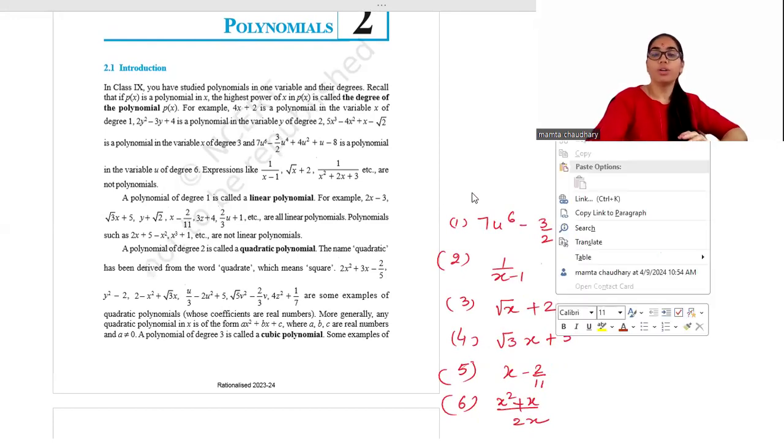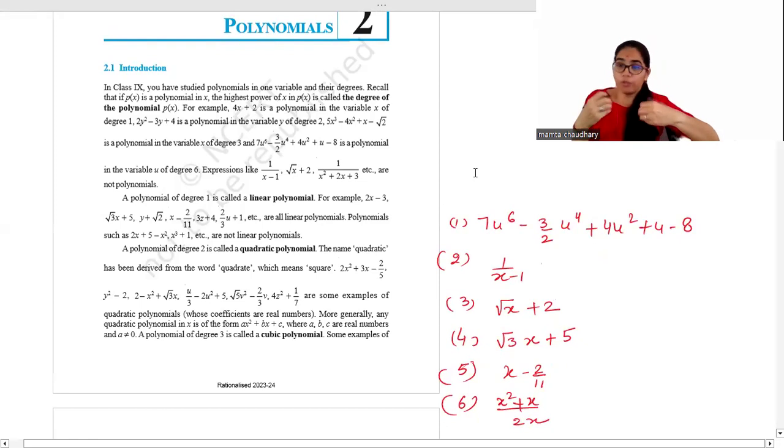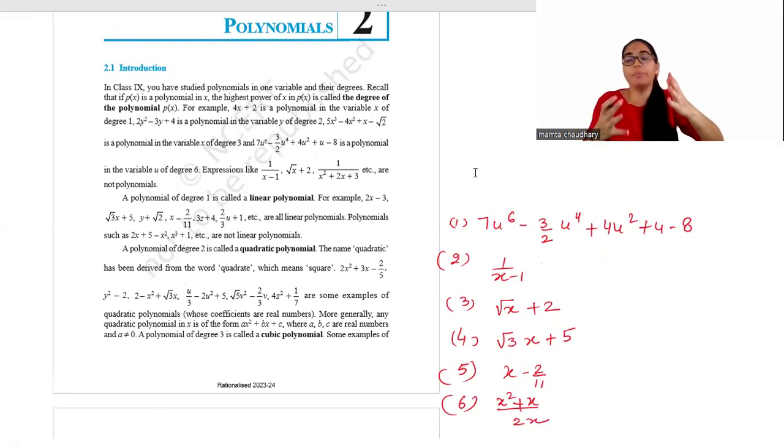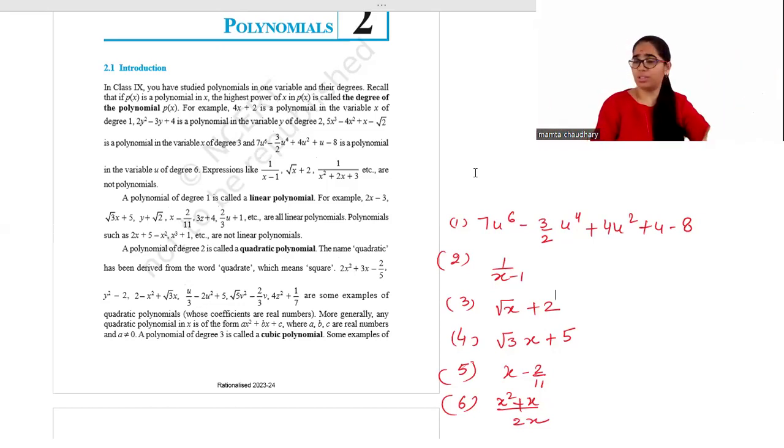So now we will see which of the following algebraic expressions are polynomials. But here you can see these all 6 are algebraic expressions. Why? Because here we can see constants, we can see variables, we can see fundamental operations, that's it. So these all are algebraic expressions.